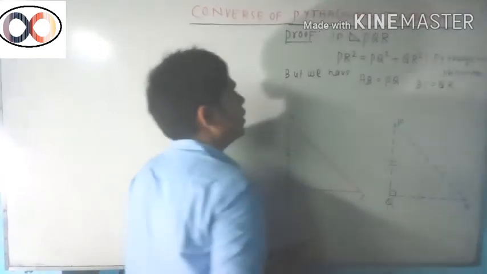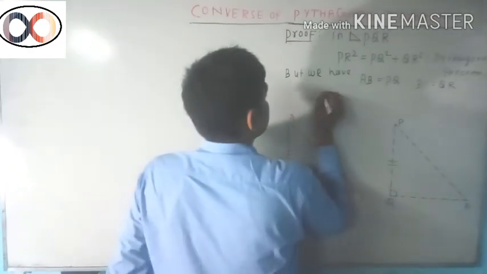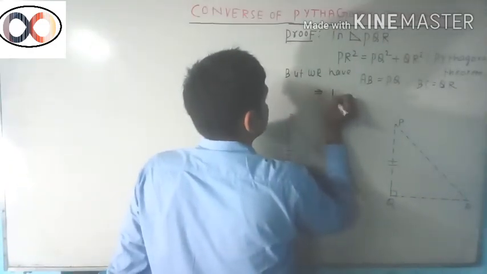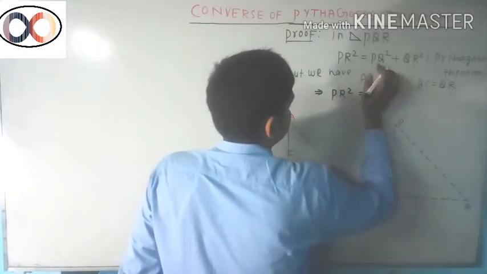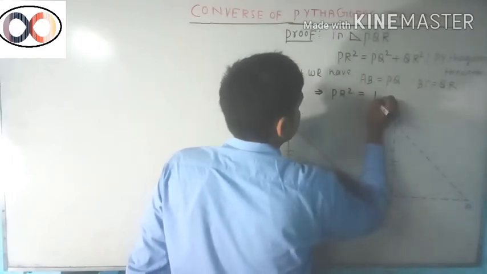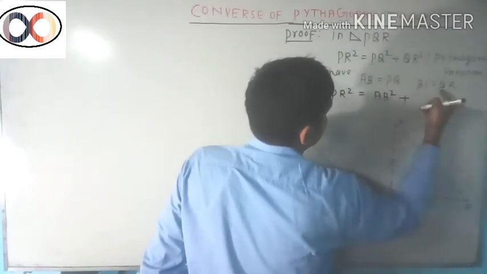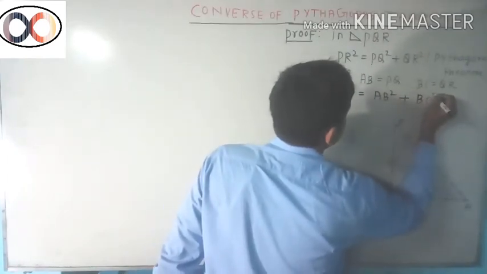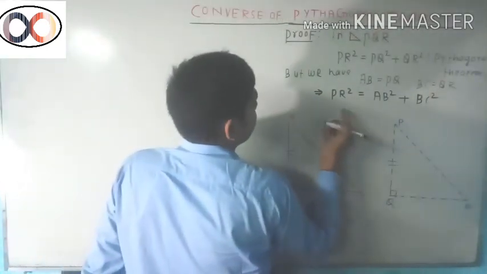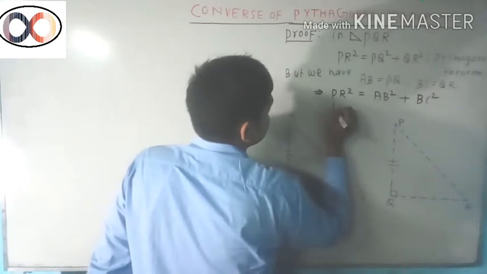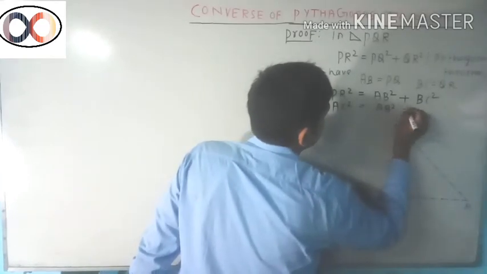So we can write PR square equals, in the place of PQ square we can write AB square, and in the place of QR we can write BC, so BC square. And it is already given in the question that AC square equals AB square plus BC square.